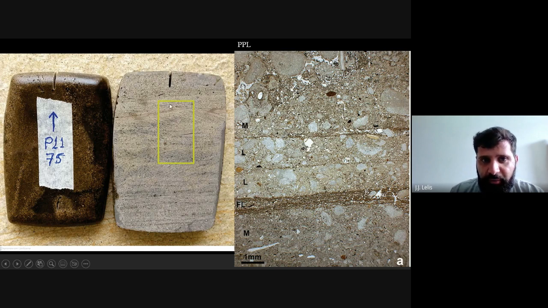Here we also can see an inclined distribution of these layers in comparison with the surface of the soil or in comparison with these horizontal layers below.